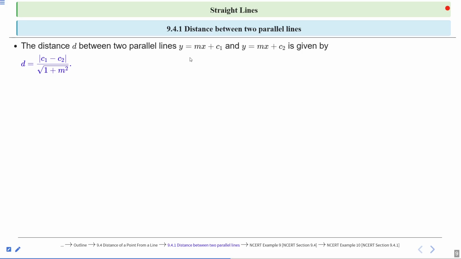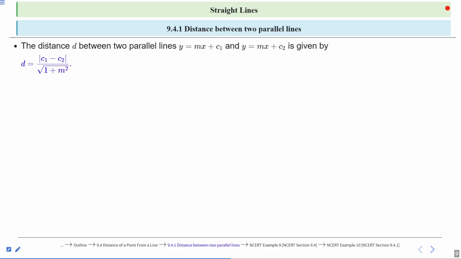We have taken here two parallel lines, y equal to mx plus c1 and y equal to mx plus c2. These two lines are basically parallel.